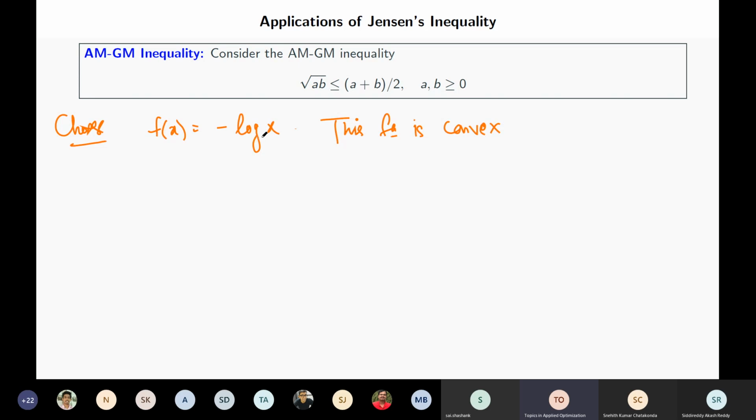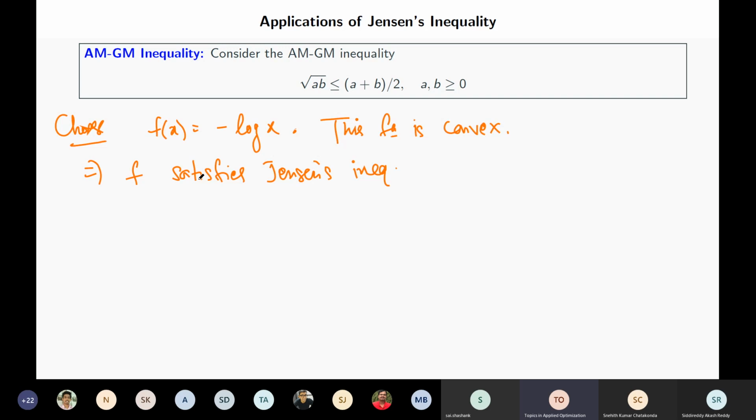You can take a double derivative test, and that's easy. So I leave this up to you why it is convex. Now we will apply Jensen's inequality because this is convex. So this implies f satisfies Jensen's inequality.